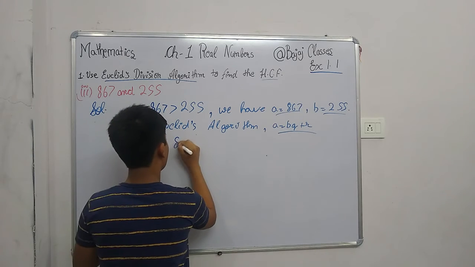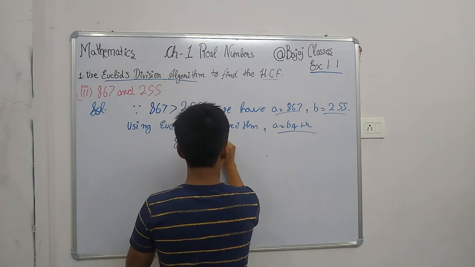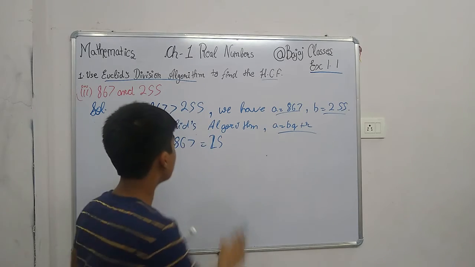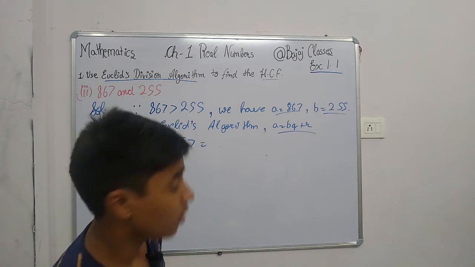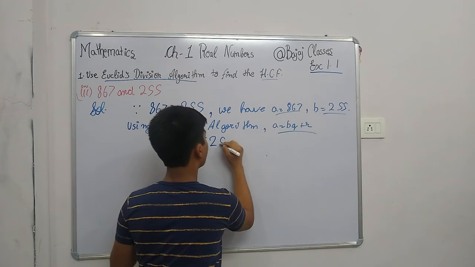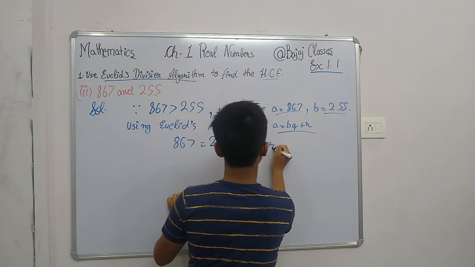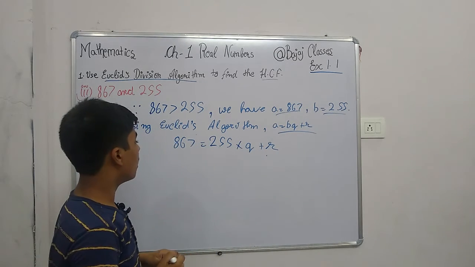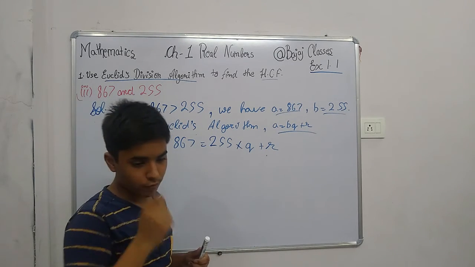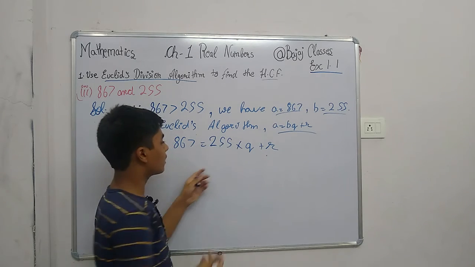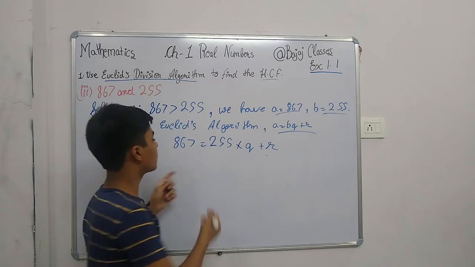Now we write accordingly. A is 867, B is 255, and we have to find Q plus R. Now you will see that if we multiply 255 by 3, we will get a 700 and something value.